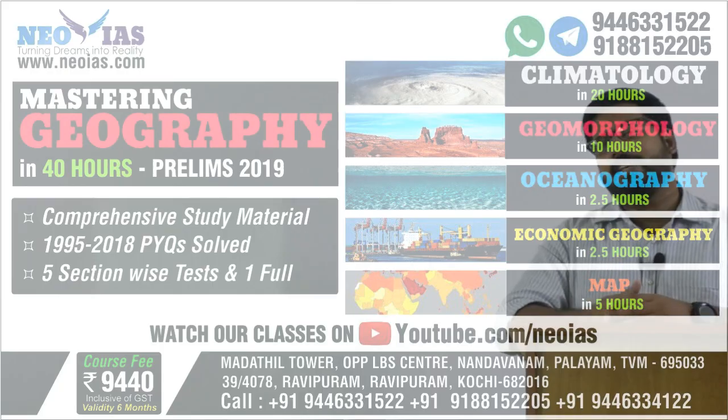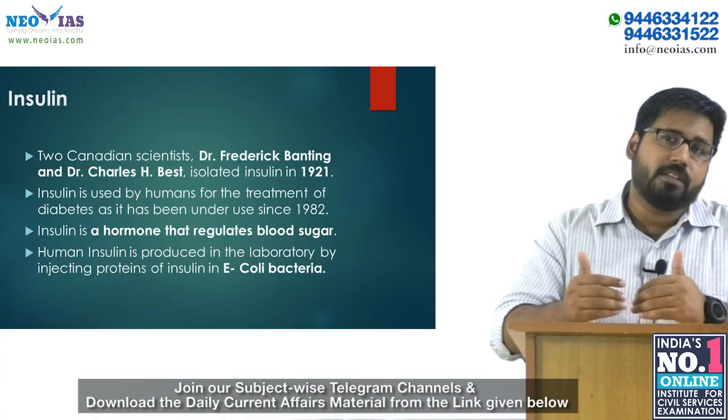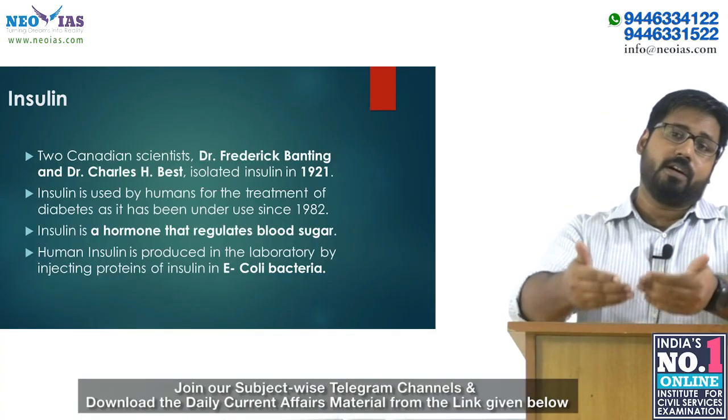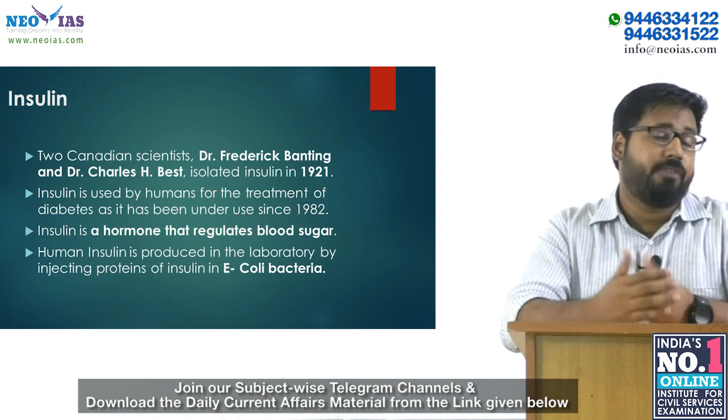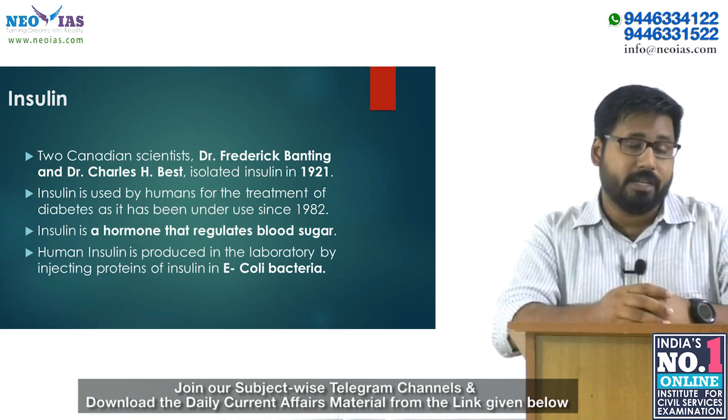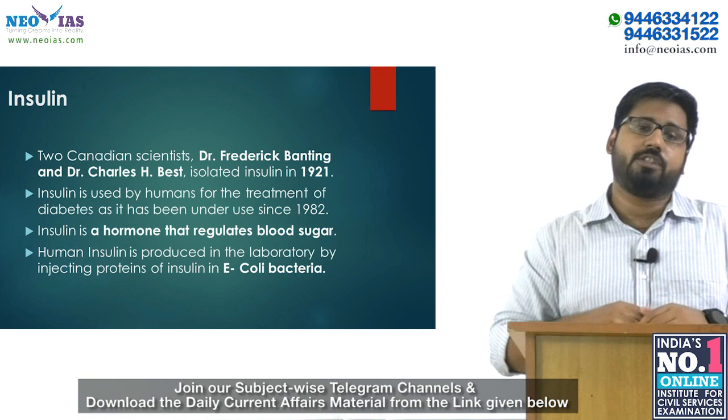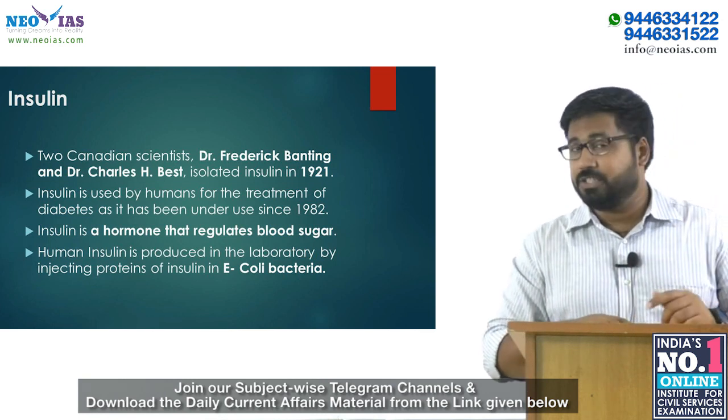So this apparently is a little costly, and therefore this new discovery by this British Nobel Prize winner can reduce the cost for production of insulin at a commercial level.